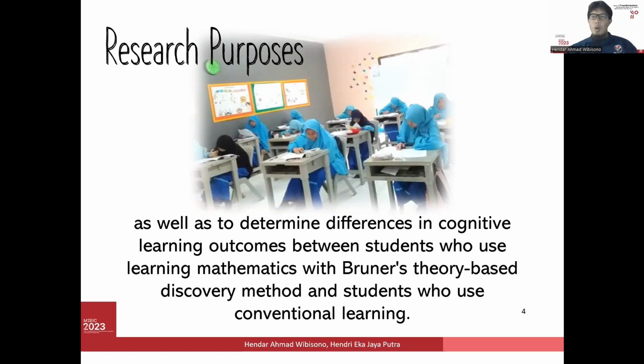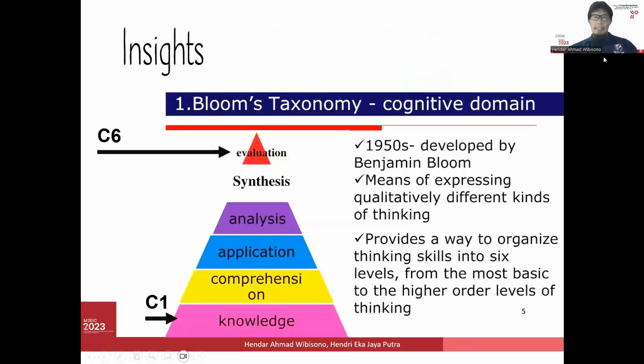So we compare two classrooms. The first classroom is using Bruner theory-based discovery method, and the other one is using conventional learning. So there's no treatment, there's no special method, just an ordinary learning.